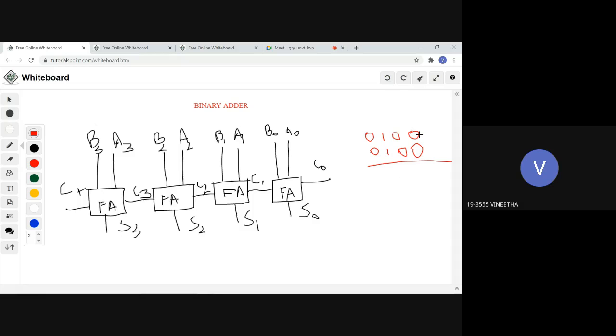So my A naught would be 0, my B naught is 0, A1 is 0, B1 is 0, A2 is 1, B2 is 1, A3 is 0, and B3 is 0.